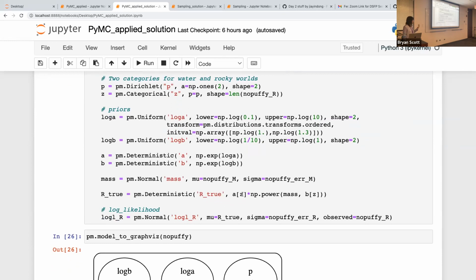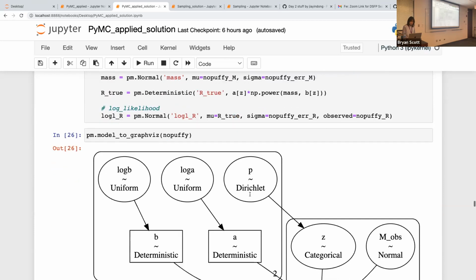And A[Z] would be the A for that population. A[Z=0] is the scaling factor for the rocky worlds. B[Z=0] is the power law for the rocky worlds. Each planet has its own Z, which defines which population it belongs to, and we have A and B from this shape of two for those two types of worlds.